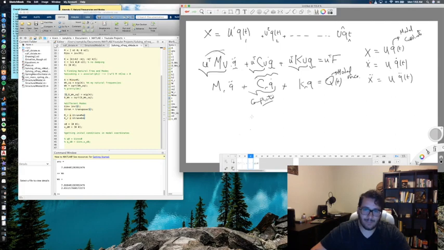There are a lot of ways for us to estimate the C matrix. It depends, because ideal damping is, in our world, to be honest, never ideal.